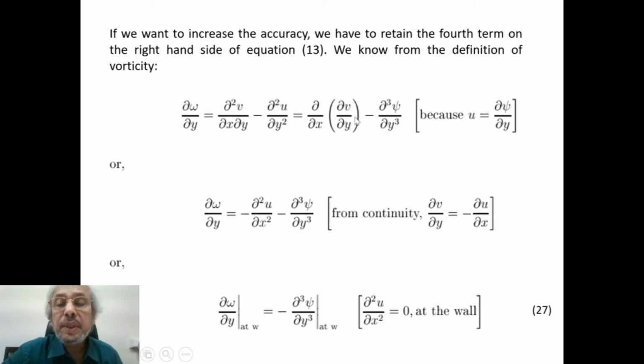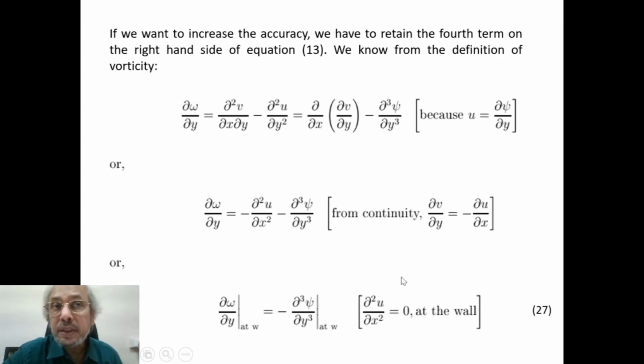it becomes del 3 psi del y3. Here del v del y can be substituted by minus del u del x. So we get finally del 2u del x2 minus del 3 psi del y3. But on the solid boundary, all u's are 0, so del u del x is also 0.